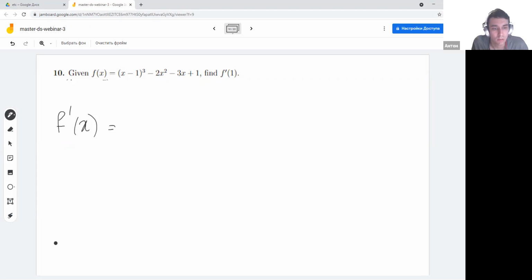To do that, I need to know some basic rules of how to differentiate different functions. For example, I have here polynomials, which are differentiated like this.